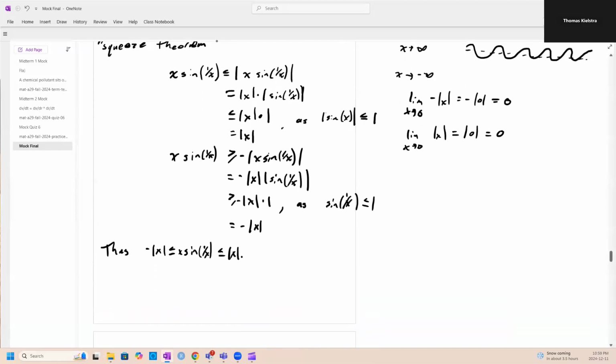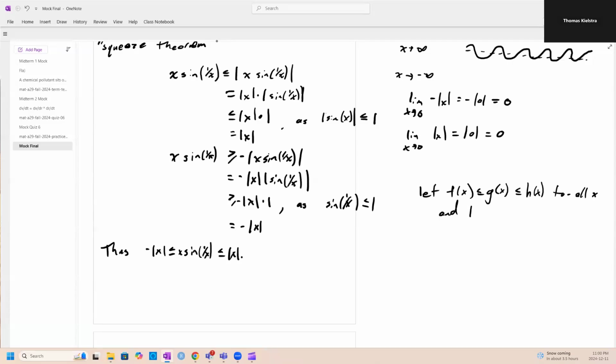How do we combine these two ideas? Well, we need to reference squeeze theorem. And squeeze theorem says, let f of x be less than or equal to g of x be less than or equal to h of x for all x.